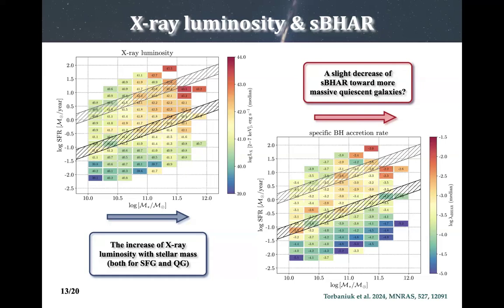When you have a really massive galaxy and you have AGN feedback, it can be like self-regulation. But again, it's a matter of AGN feedback, and we need to check it.